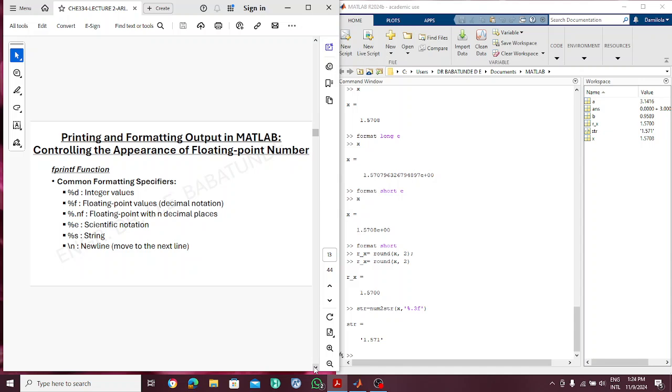N there is specifying the number of digits after the decimal. Then if you say %e, you are saying to express this value in scientific notation. %s is saying the variable I will pass in shortly is going to be a string. If you have \n, you are saying after this you move to the next line.